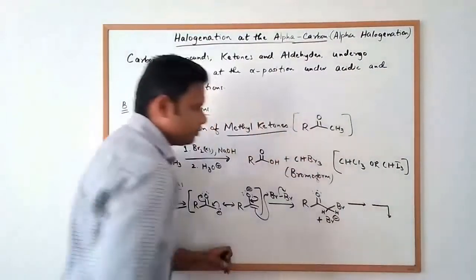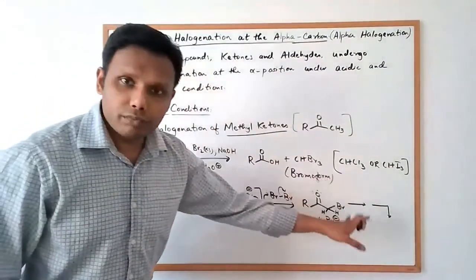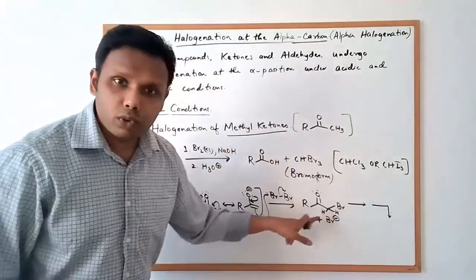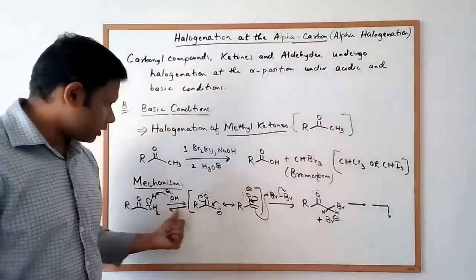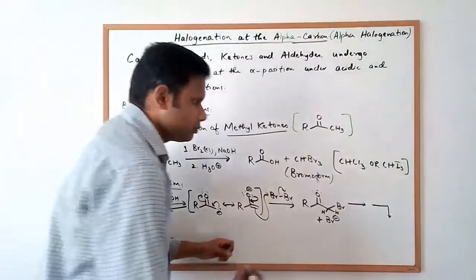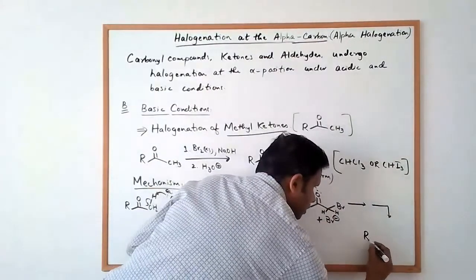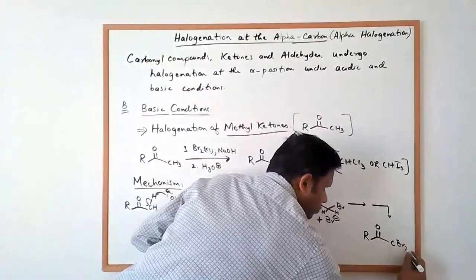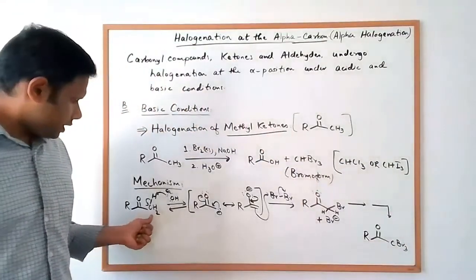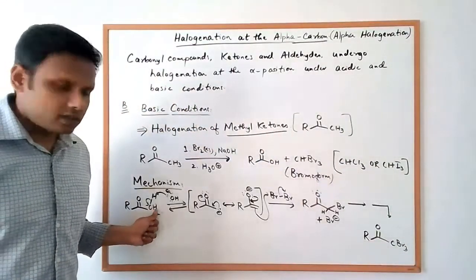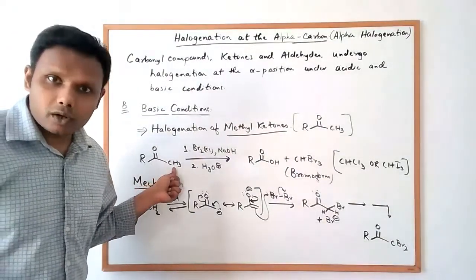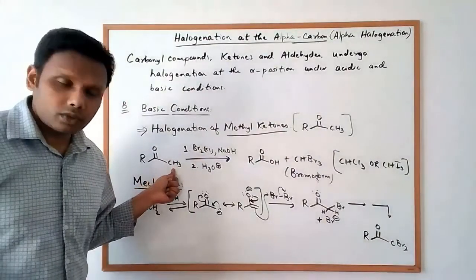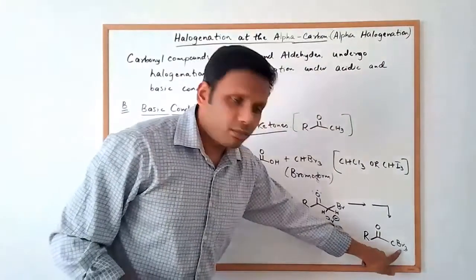So finally, after you work through the mechanism where you use each one of these alpha hydrogens one by one, and you work through a similar mechanism, you're going to arrive at a product like this, where all three of the hydrogens on this alpha carbon in the methyl ketone have been replaced by the halogen.